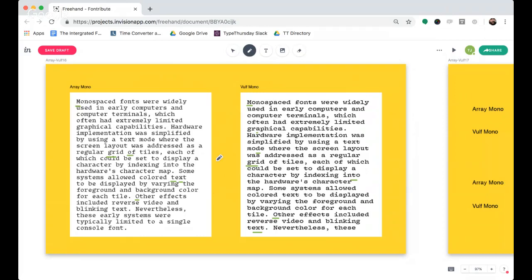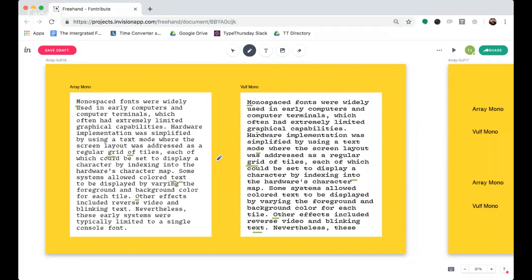In Array Mono, there's much more sharpness, a crispness because of the introduction of contrast, the way it was done. So Vulf Mono is a little rounder and bubblier, while Array Mono is a little crisper and sharper in its approach, probably because of the contrast and the specific way it was drawn, the football shapes and the counters of the rounds, for example.